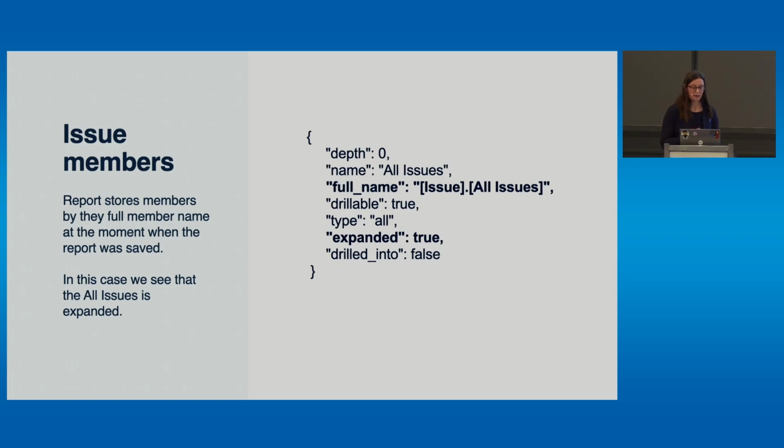The first one is All Issues. This is what we store for the issue. It has the full name, Issue, All Issues, instead of, for example, Issue default member, as we often suggest to use for a report. It is also defined as expanded true, and therefore we know that when you added All Issues to the report, you also expanded it.